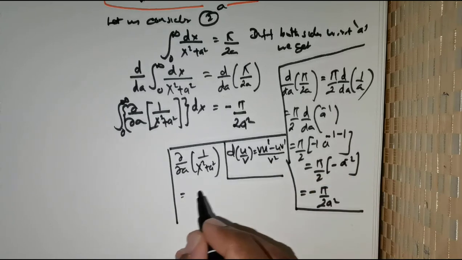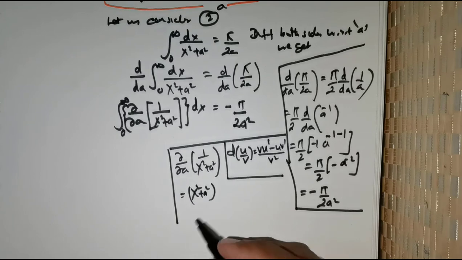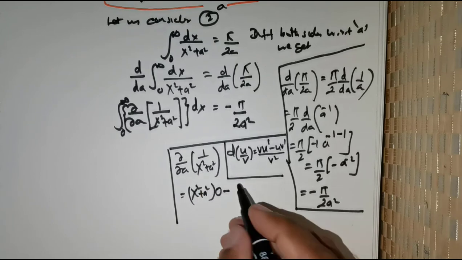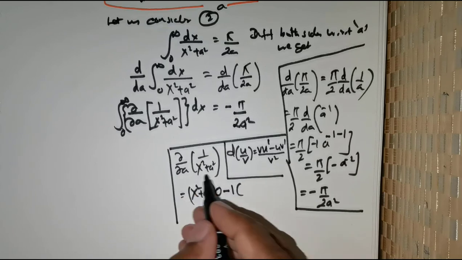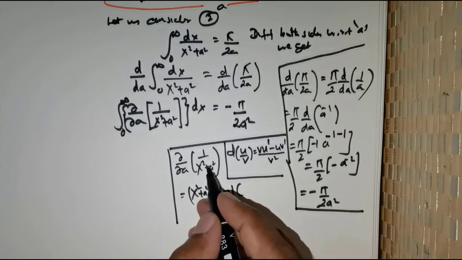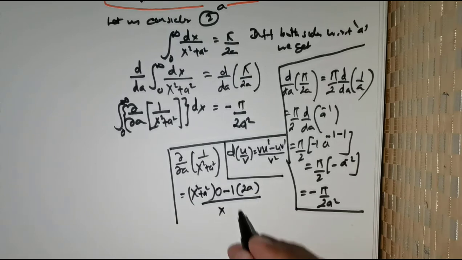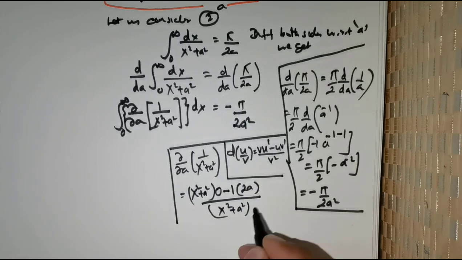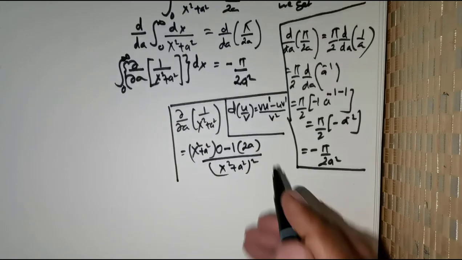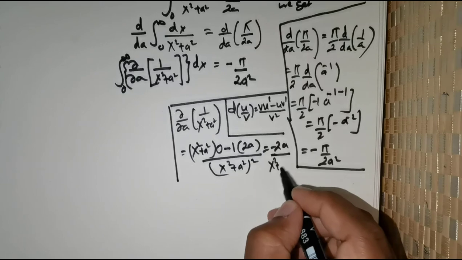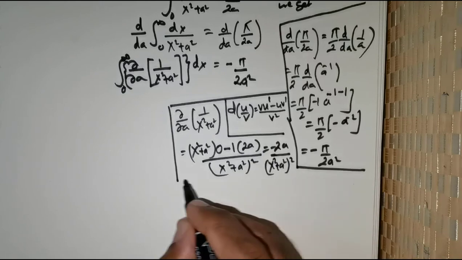So this is x squared plus a squared times the differential of the numerator, which is 0, minus 1 times the differential of a squared, which is 2a, divided by x squared plus a squared raised to the power of 2. This is equal to negative 2a divided by x squared plus a squared raised to the power of 2.